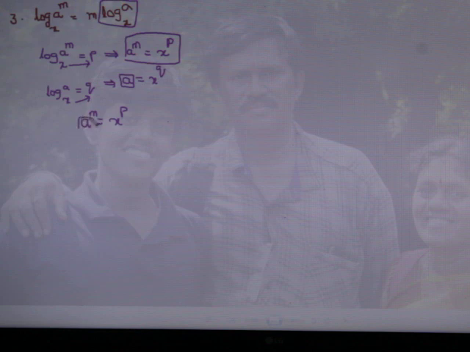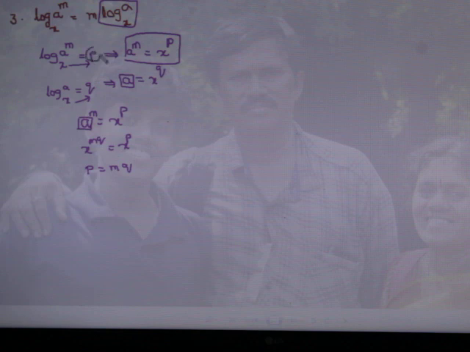Instead of a, write x power q, with m already there: x power q, whole power m, equals x power p. As the bases are equal, powers are equal, therefore p is equal to m into q. Then what is p?